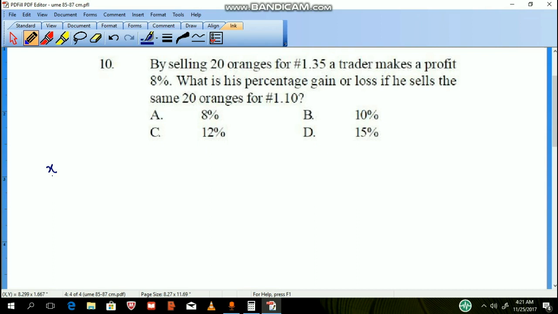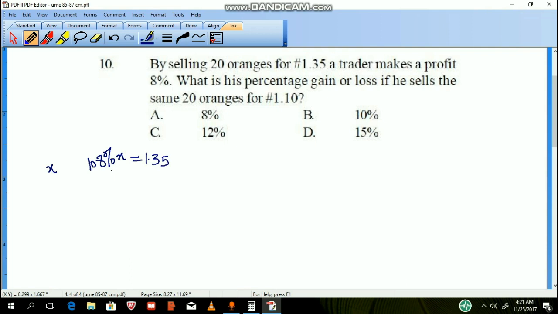So let's say he bought it for X. The cost price is 100%. If he makes a profit of 8%, that means the selling price is 108% of X, and this 108% of X, we've been told, is 1 naira 35 kobo.